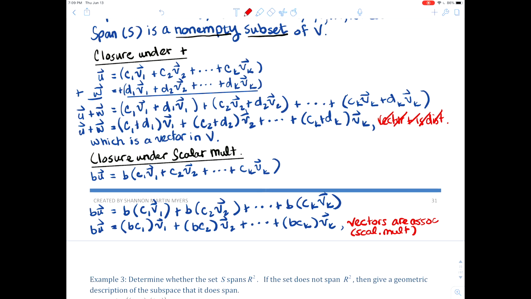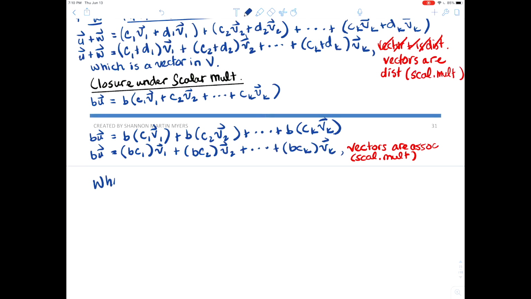This one is because vectors are distributive, and that's under scalar multiplication as well. Groovy? Which is a vector in the span, right?